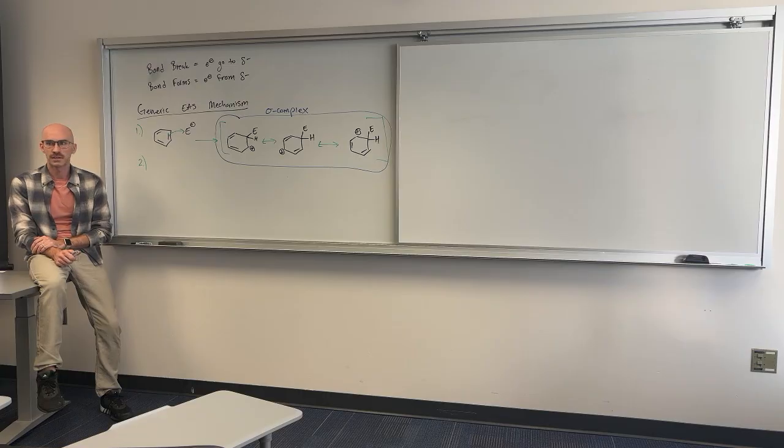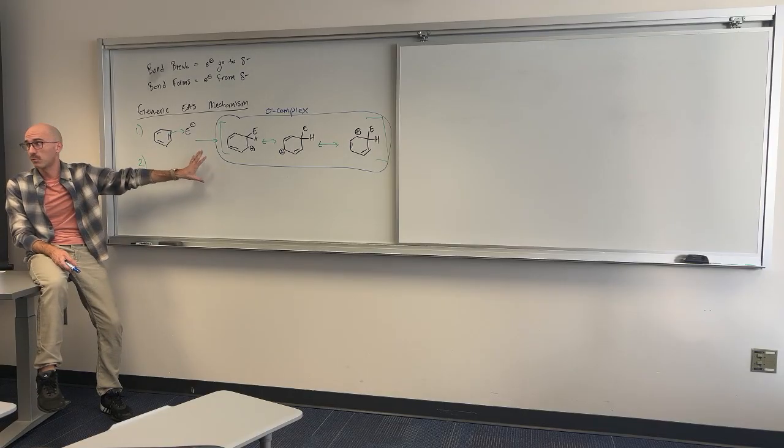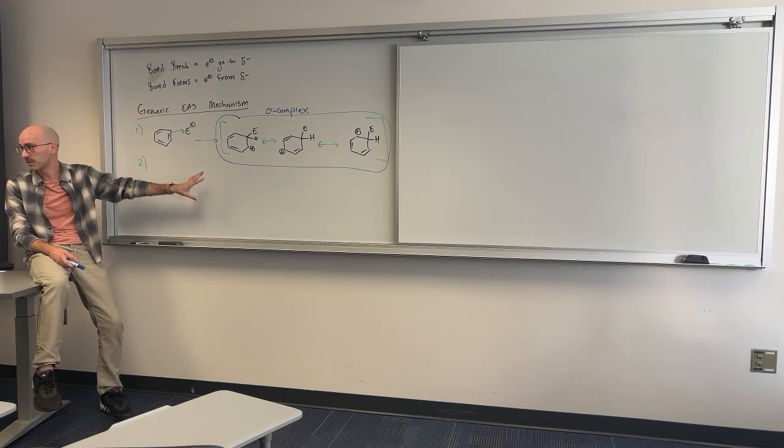But it's called the sigma complex, perhaps because it's no longer aromatic, and so it's broken due to a new sigma bond that's been made. Again, not quite sure. In the generic mechanism, where there are no substituents, there are always 3 resonance forms, but that can actually increase.